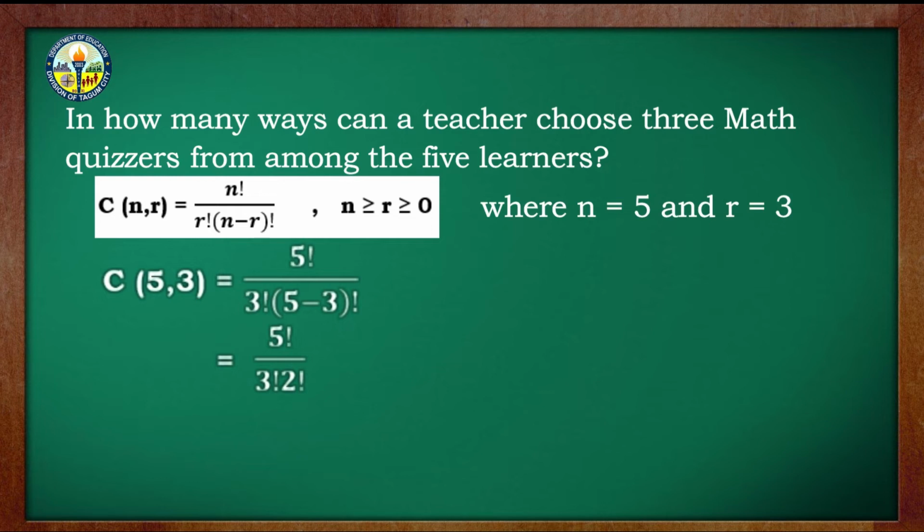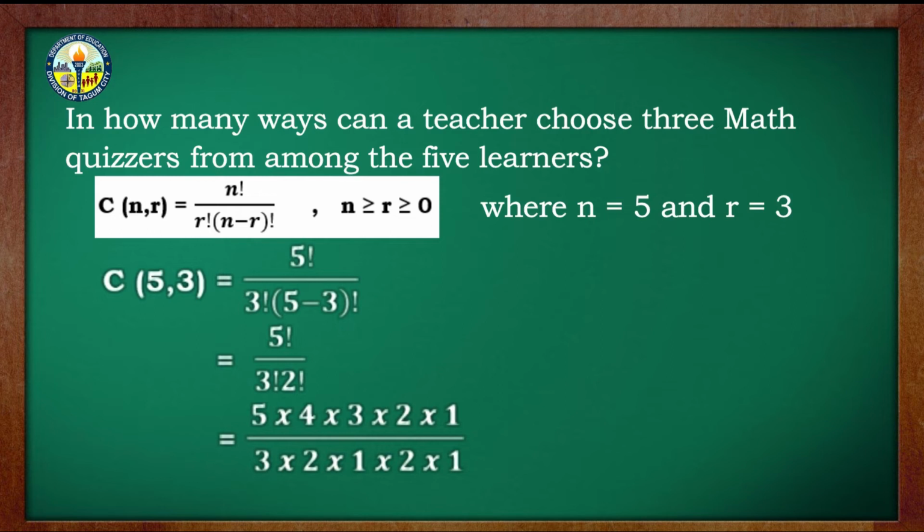Next, find the factorial of 5, 3, and 2. This becomes 5 times 4 times 3 times 2 times 1. 3 factorial is 3 times 2 times 1, and 2 factorial is 2 times 1. After that, perform the division operation. For easy solving, let us cancel common factors found both in the numerator and in the denominator.